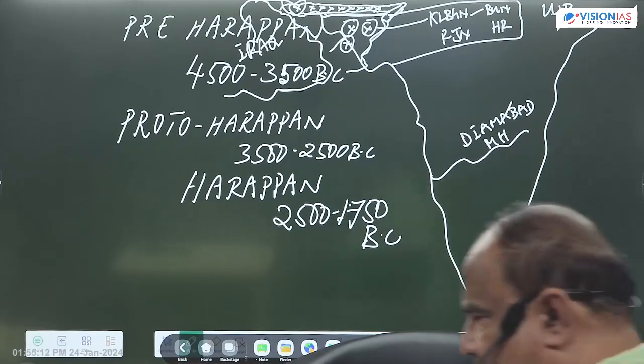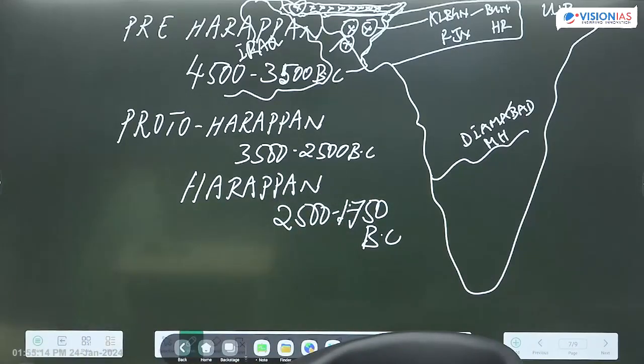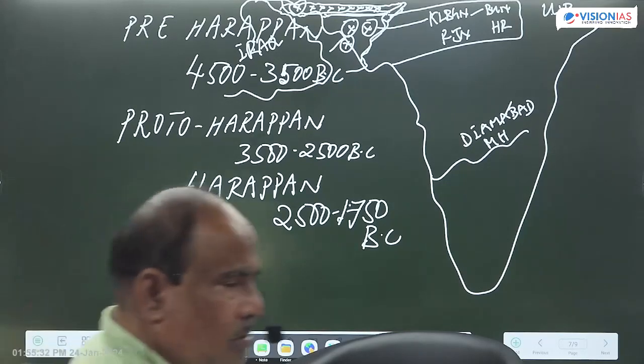Next paragraph, next point. Technologically, they were the first to cultivate cotton. Indus Valley people were the first to cultivate cotton.